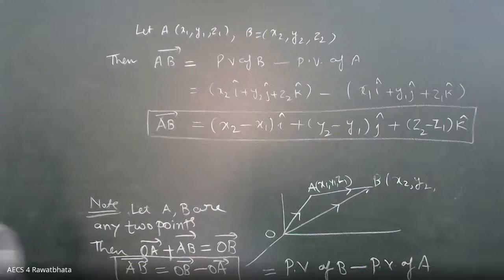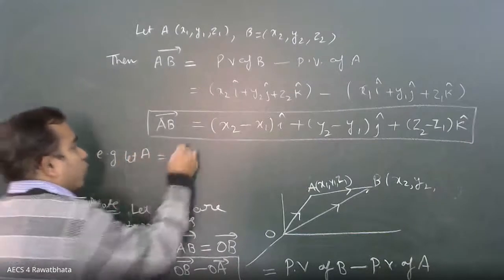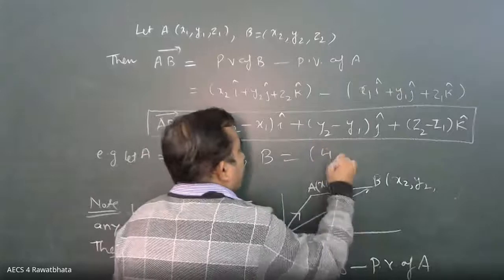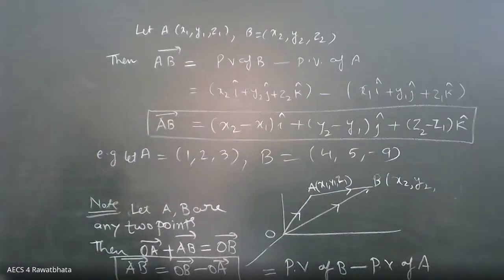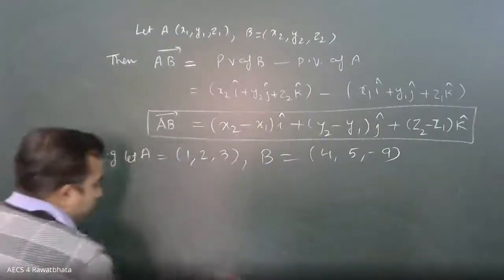Right, correct. चलो मैं एग्जांपल से पूछता हूँ. ये एग्जांपल, let A is equal to (1, 2, 3) and let B is equal to (4, 5, minus 9). Now tell me what should be AB vector. Among the boys, anyone?